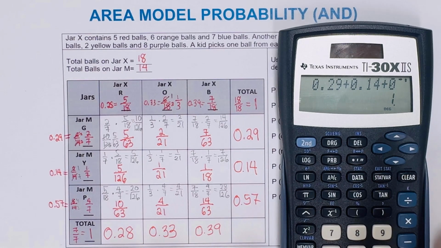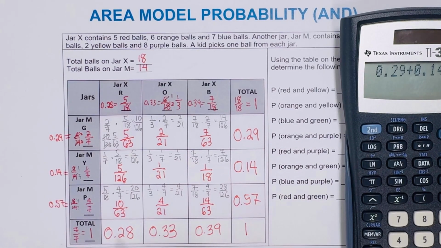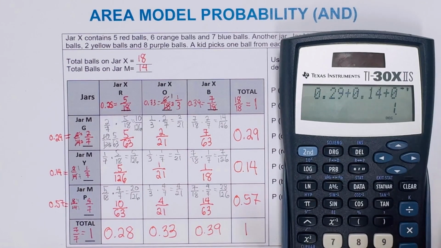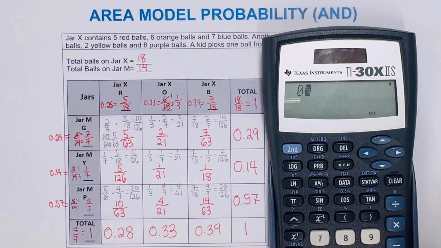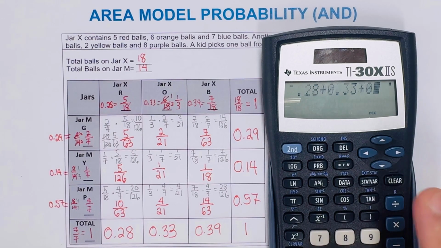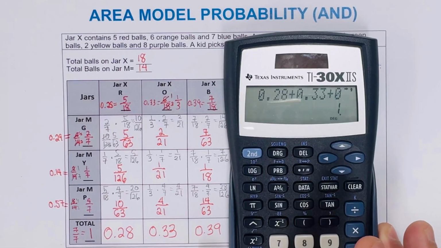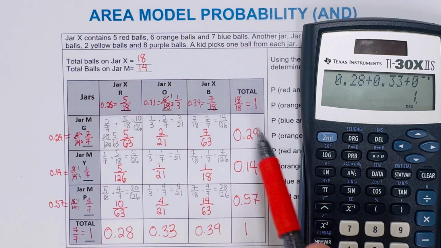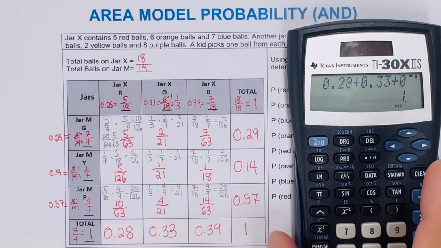The answer is exactly 1. Okay, so the number is 1 here. And if we add horizontally as well, it should come out to 1. So let's see if it does. So 0.28 plus 0.33 plus 0.39. The answer is 1. So both the horizontal total and vertical total equal 1. So that is one way to check if we got it right.